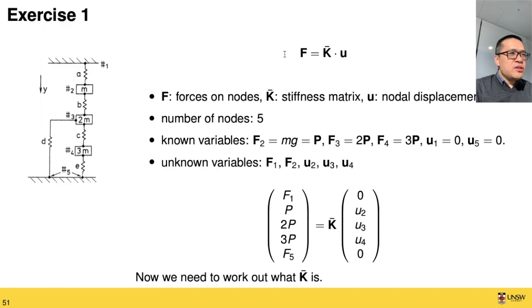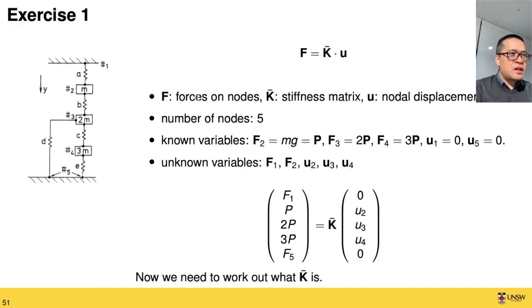So we know that the force is related to the stiffness matrix K bar times the displacement on each node. F is a column vector, K is a matrix. In this case, it will be a 5 by 5 matrix because we have 5 nodes, and then U will be the vector corresponding to the deformation at each node.